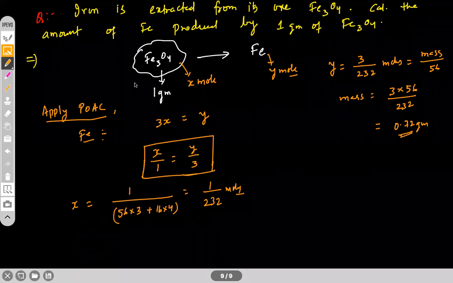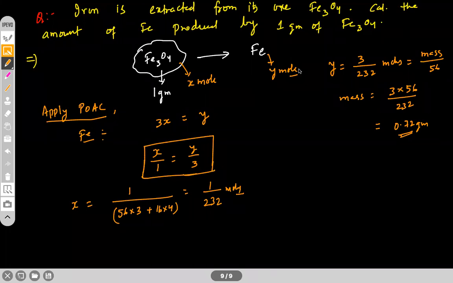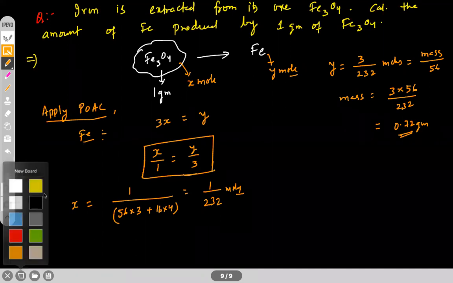I am not denying the fact. But the point is you cannot balance this reaction. You can't do that because you do not know what is the total reaction, what is the reaction given. Okay, we'll see some more questions based on this.